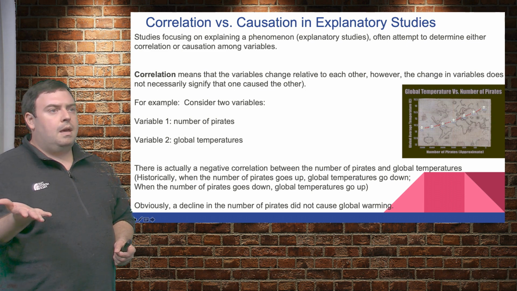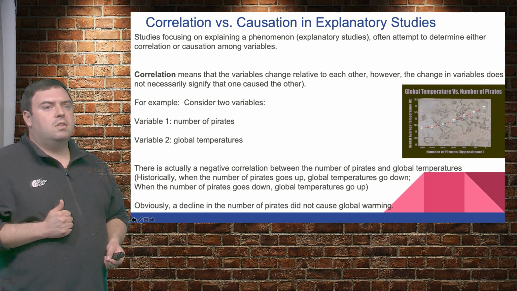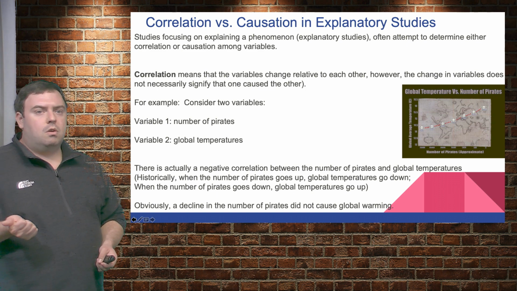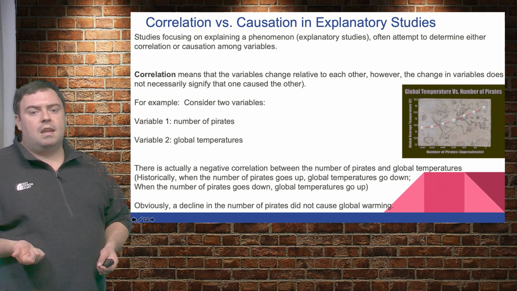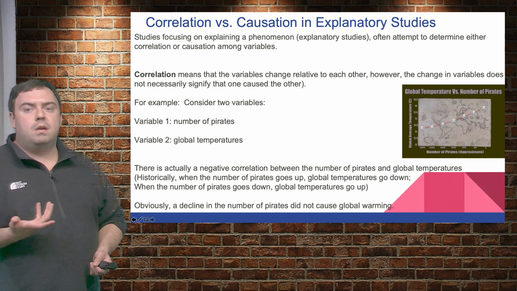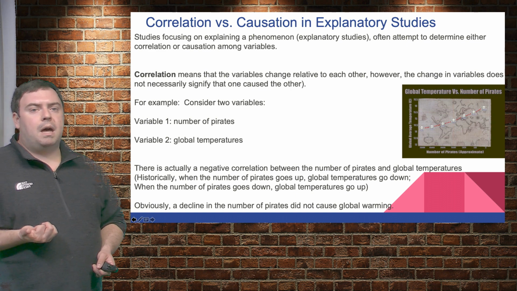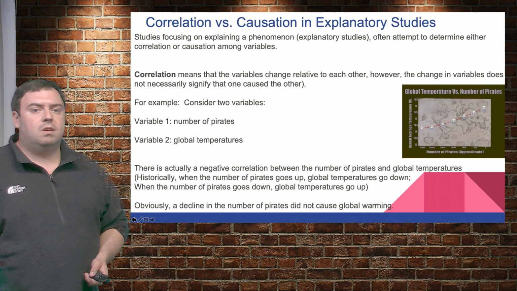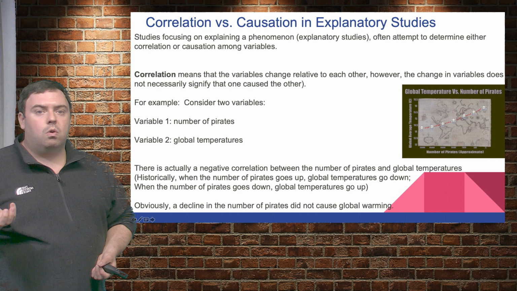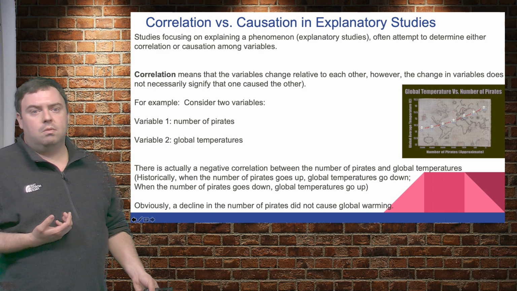So an example might be a correlation, and I gave an example here on this slide. Before I give this kind of silly example, I'll give a more real world example. Something that could be correlated is that the number of sunny days in a region could be correlated with the number of ice cream cones consumed in a region. We could see that in general, regions that are sunnier have more ice cream consumed.